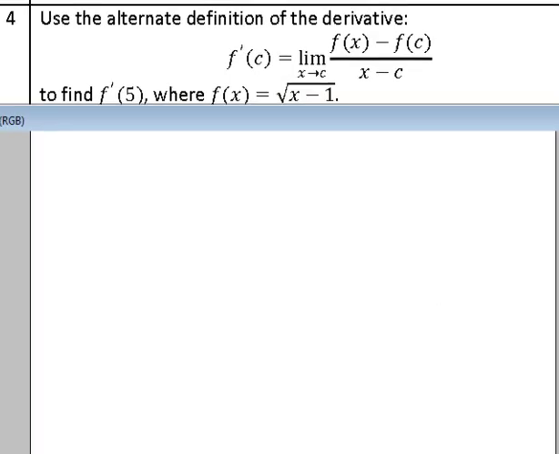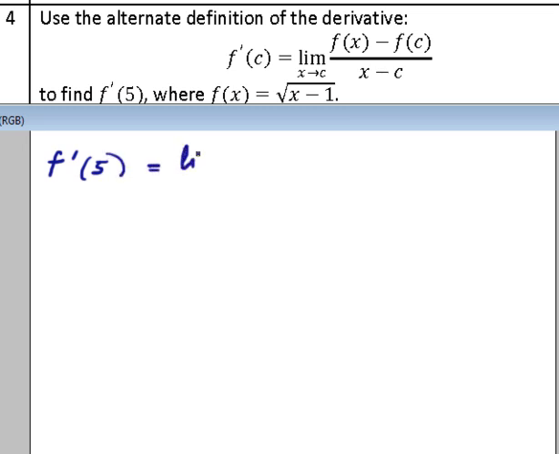In number 4, we want to use the alternate definition of the derivative. So this is it right here, the alternate definition, to find f prime of 5 where f of x is equal to the square root of x minus 1. All right, so let's write down this limit. We'll replace c with 5. So we want to find f prime of 5.